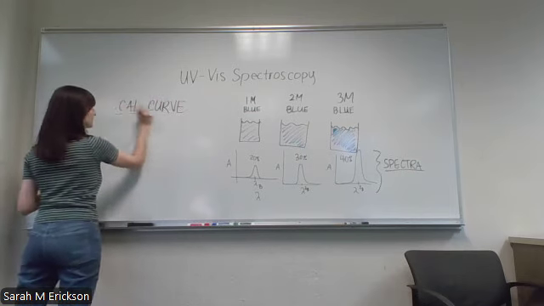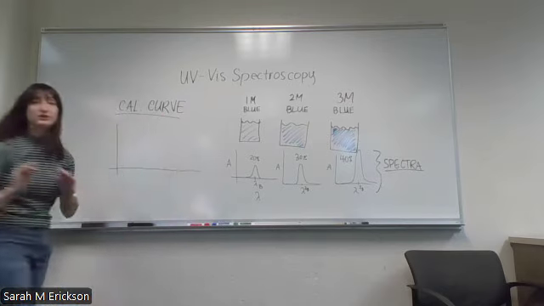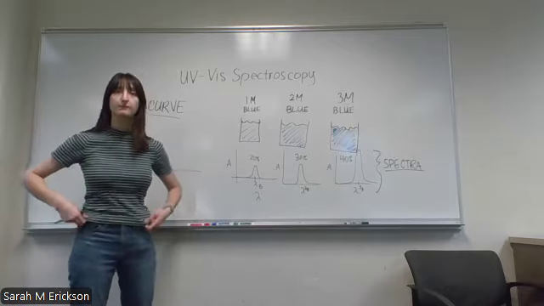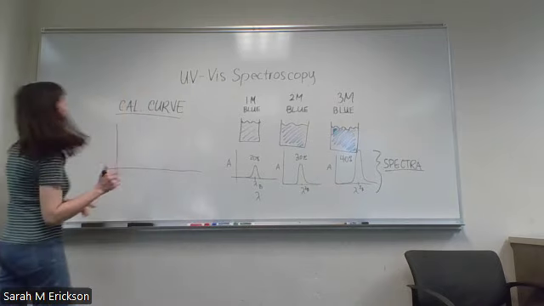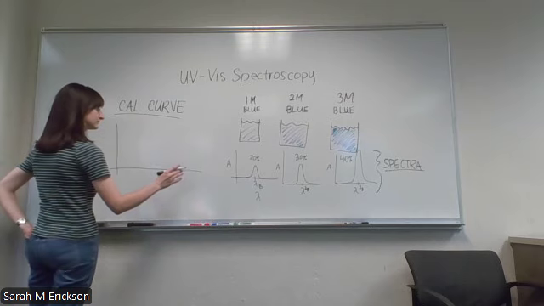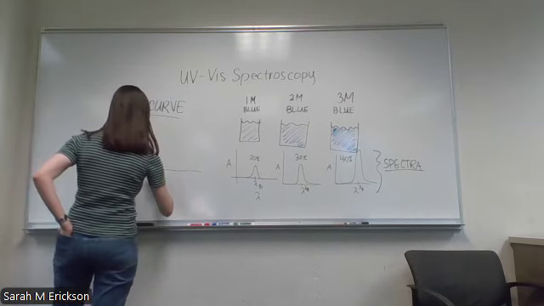Your calibration curve is going to be a graph that you make in Excel, and I have a different video that'll show you guys how to make graphs. So you're going to make a different graph in Excel, and what you're going to put on this one is absorbance versus concentration.